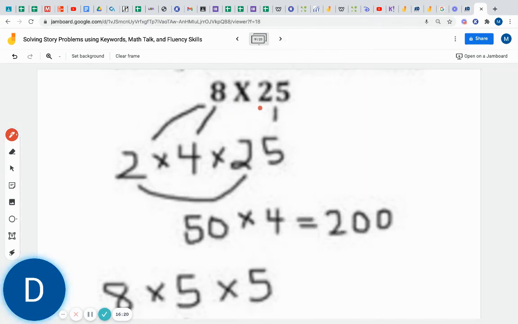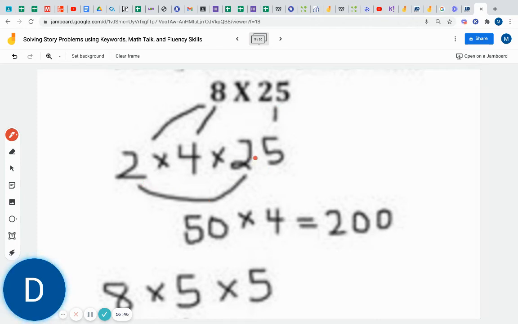Okay, so if you're given 8 times 25, I was just going to show you different ways of solving this without having to use what I call cross multiplication. And that's where you just kind of decompose, use some type of distributive property of multiplication to help you solve this. This is when you would take 2 times 4 and break that apart, times 25.